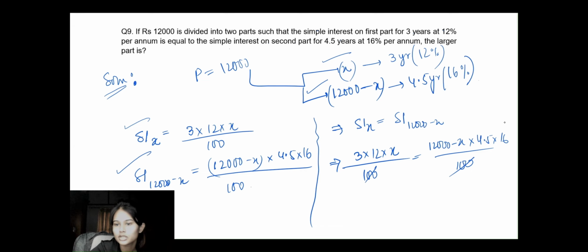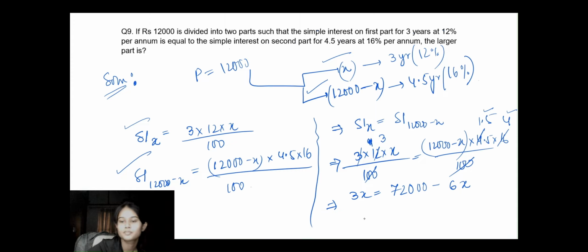We can cancel out the hundreds. We can cancel out 3 with 1.5. 4 into 3 is 12 and 4 into 4. Now 3x equals, what is this? This is 6. So 6 into 12 is 72000 minus 6x.